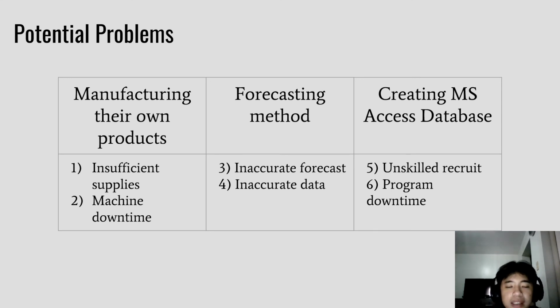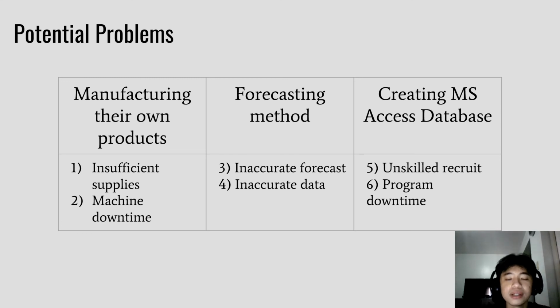For the unskilled recruit, the risk event trigger is the newly hired programmer is not skilled enough to create the database. The potential impact of this event can be an inaccurate or no proper database for Little Cup.